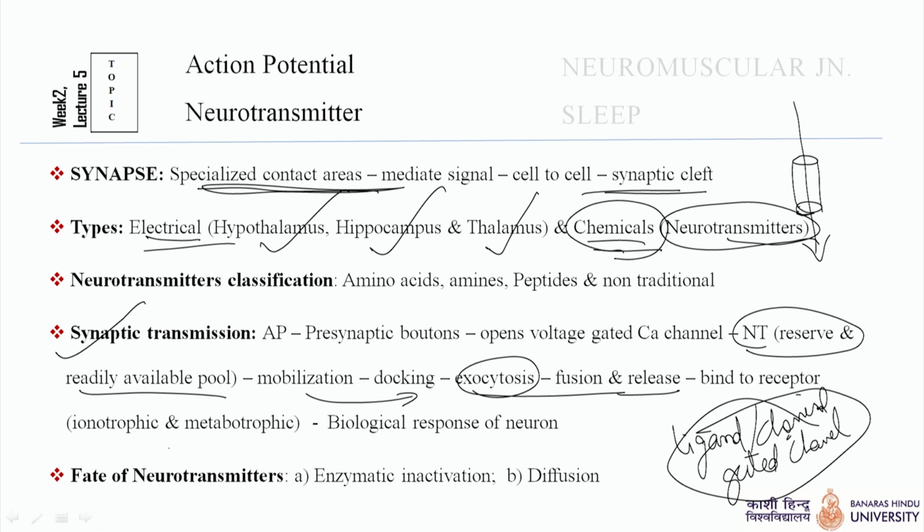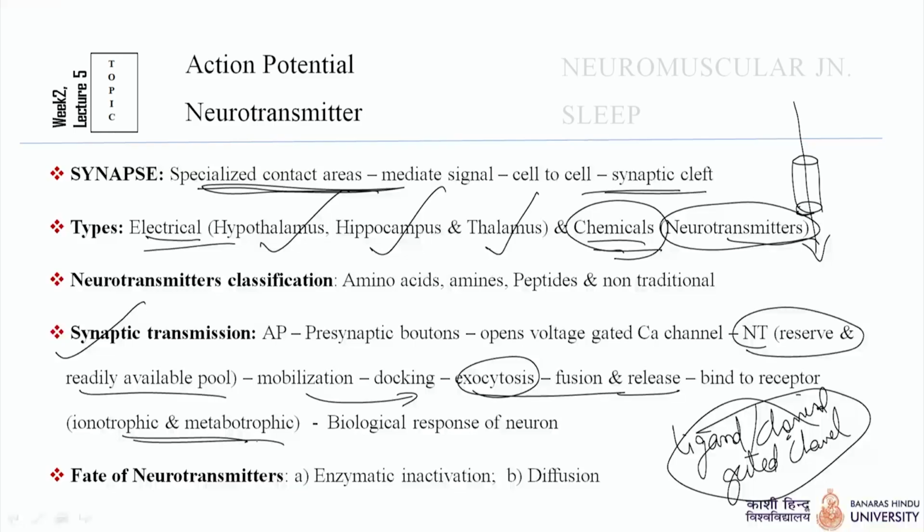Now these channels are either ionotropic or metabotropic. Ionotropic means when it binds, it simply causes the opening of the ion channels. That's all. When acetylcholine or epinephrine or norepinephrine comes and binds with the postsynaptic membrane, immediately it causes the opening of the channel. So that channel is called a ligand gated ionotropic channel.